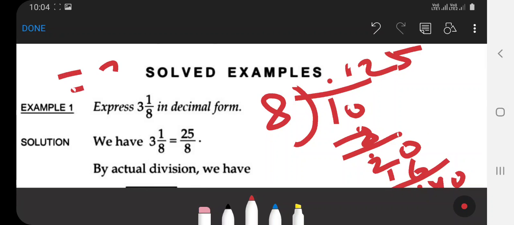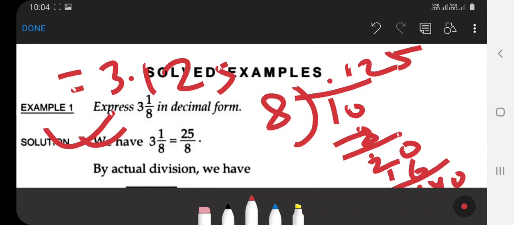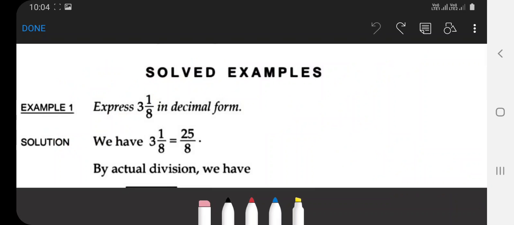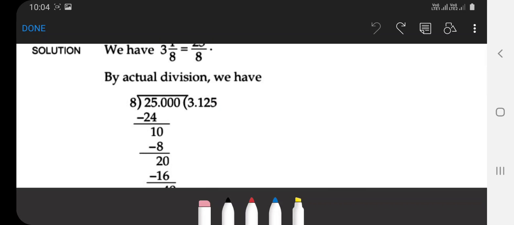So you put 3.125. In this way, you have saved your time. So by the actual division, we have concluded the result 3.125.